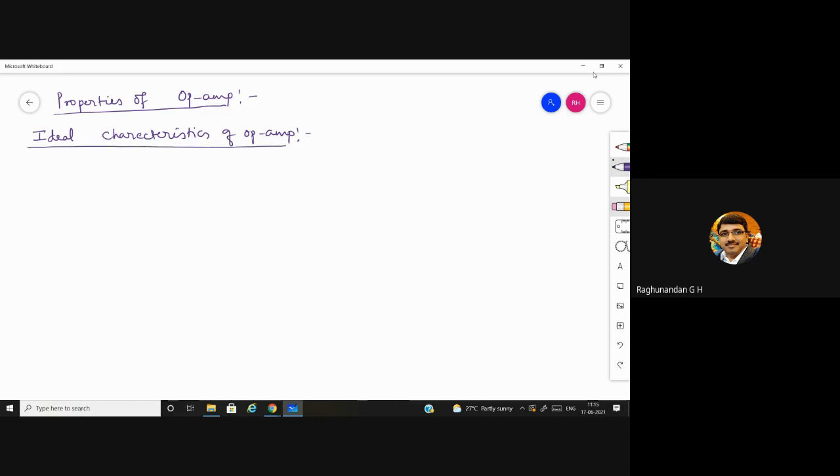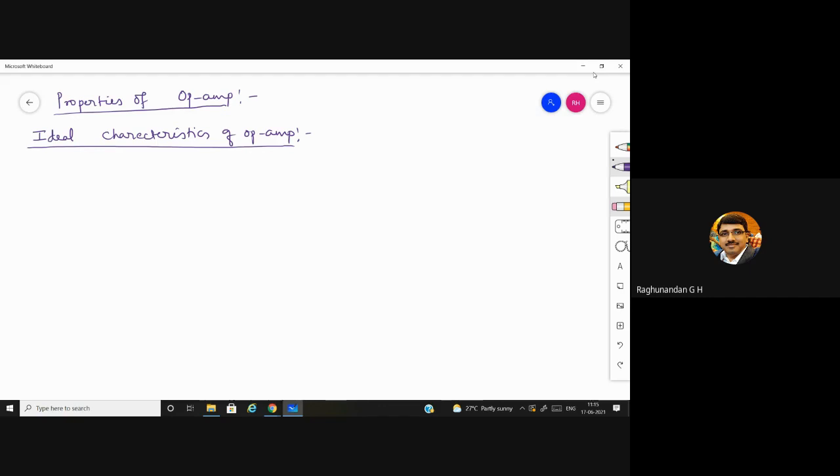See, like diode, if you are going to use a diode or a Zener diode, we were telling there will be a data sheet provided for a particular diode, and it tells its characteristics: what is the maximum current, what is the minimum current, what is the resistance offered by this. All those things are given. In the same way, when you are going to purchase a particular op amp, a data sheet will be available for that.